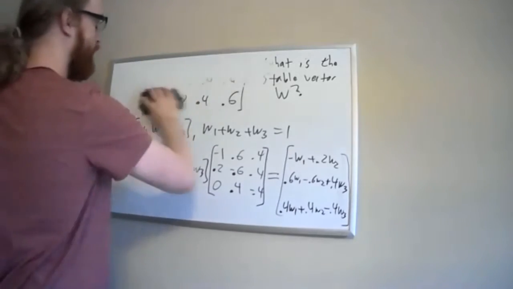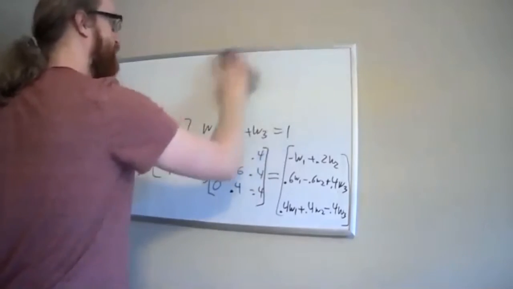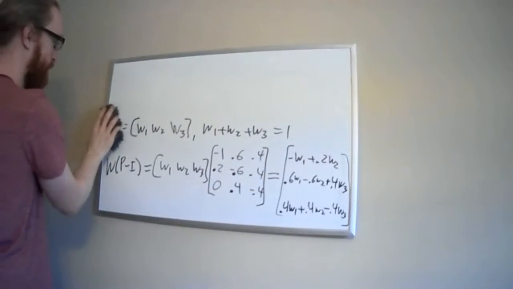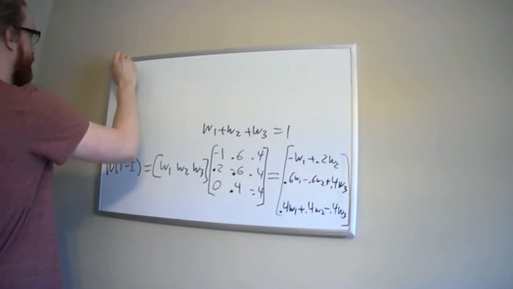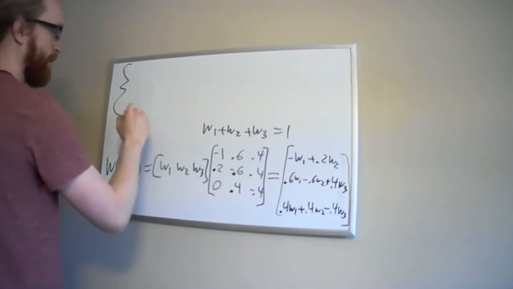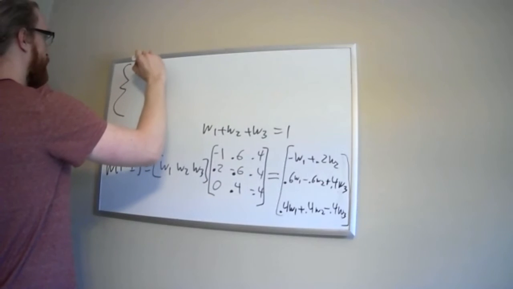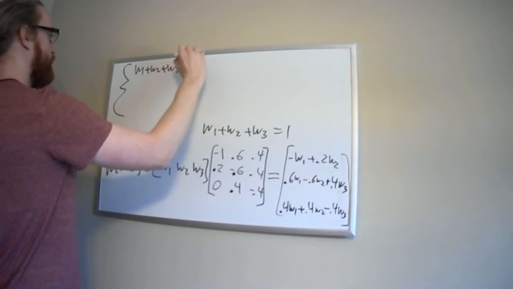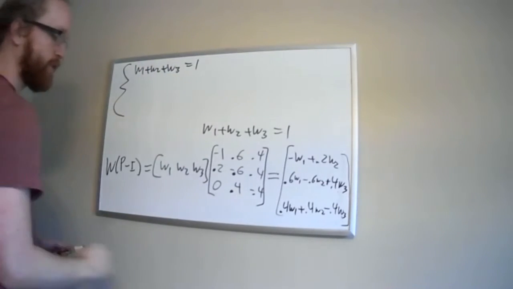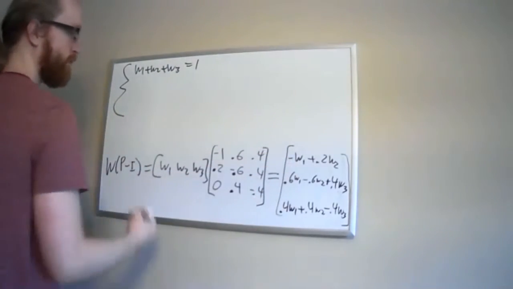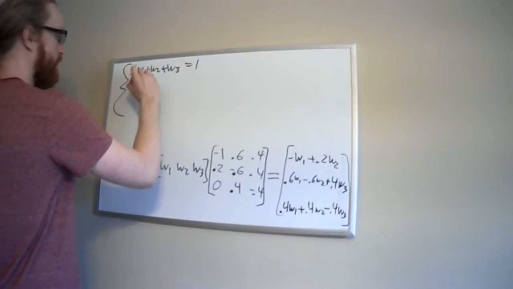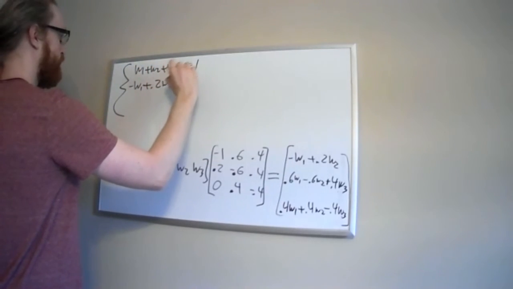So I'll do that, and I'm basically going to just write down my system of equations now. Here's what I get. First of all, I have W1 plus W2 plus W3 equals 1. Always have to include this equation. And now I just take each of these and set them equal to 0. So I have negative W1 plus 0.2 W2 equals 0.